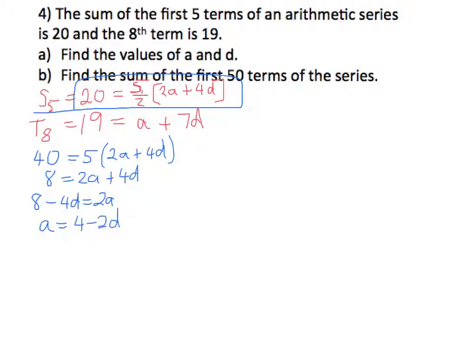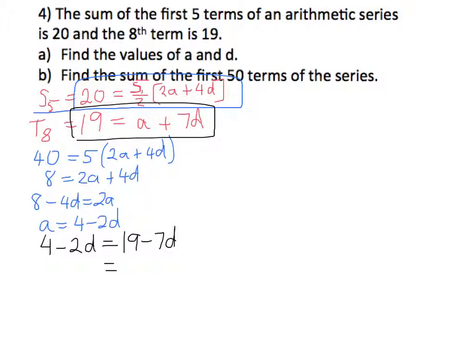And in this other equation here, to make a the subject, I think that's pretty obvious, that a equals 19 minus 7d. So we can say 4 minus 2d equals 19 minus 7d, because they're both equal to a. And then let's solve this equation.